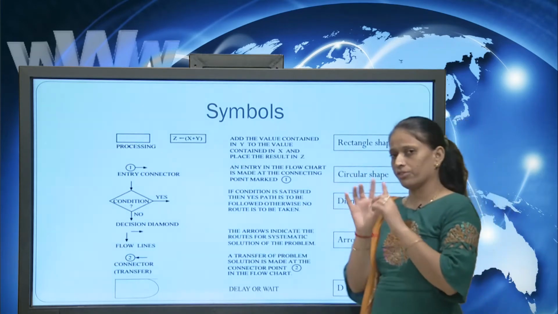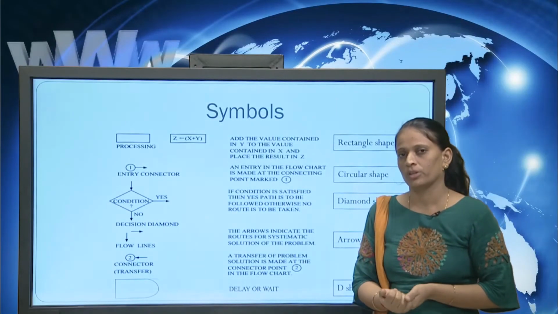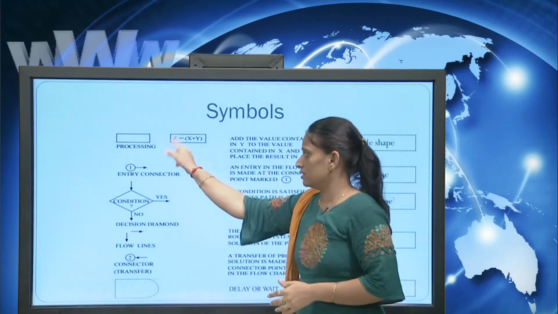Then, if you are doing any processing on a specific input, and you want to define that process, then a symbol of a rectangle shape will be used. Whatever the input we are getting, whatever the process we are doing on that input, will be defined in this symbol.